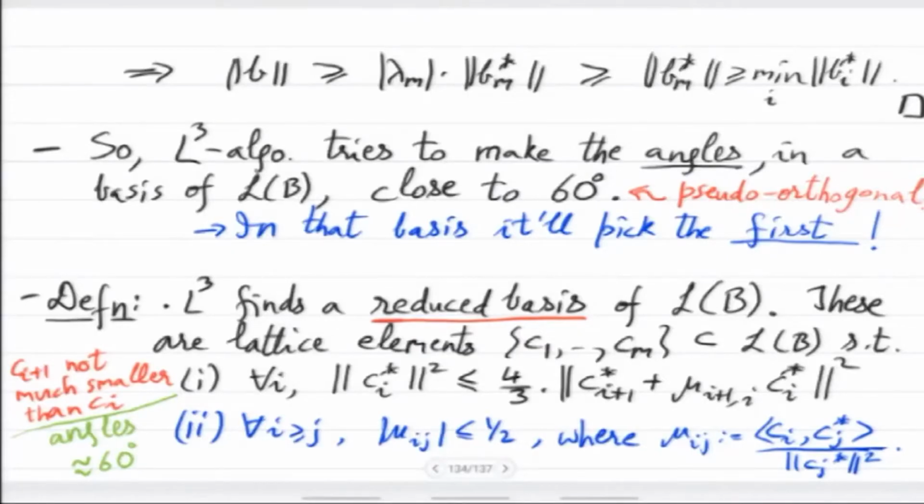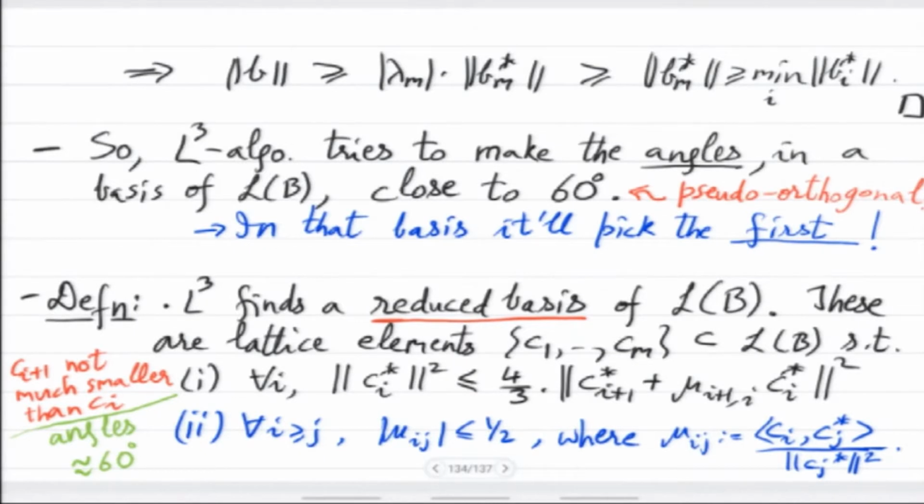The second condition of reduced basis, if you recall, is the one written in black, point number 1. Point number 1 essentially wants this C1 star to Cm star in an increasing order, because you want to output in the end C1 star.